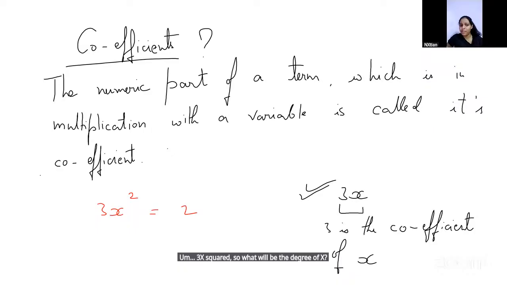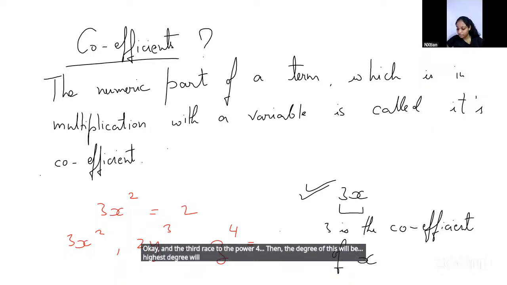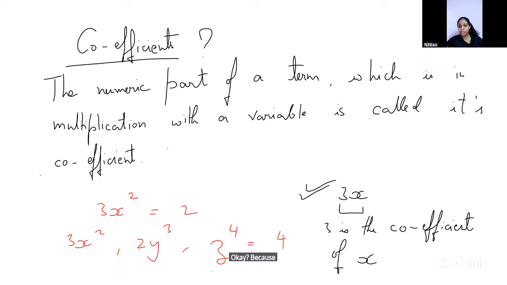If we have many variables, like 3x square, then 2y cube, and z raised to the power 4, then the highest degree will be 4, because degree is always the highest power. This is the first case. This is the second case.